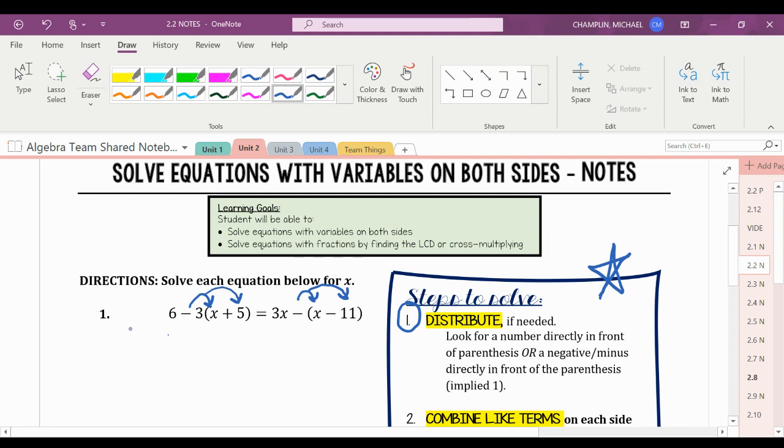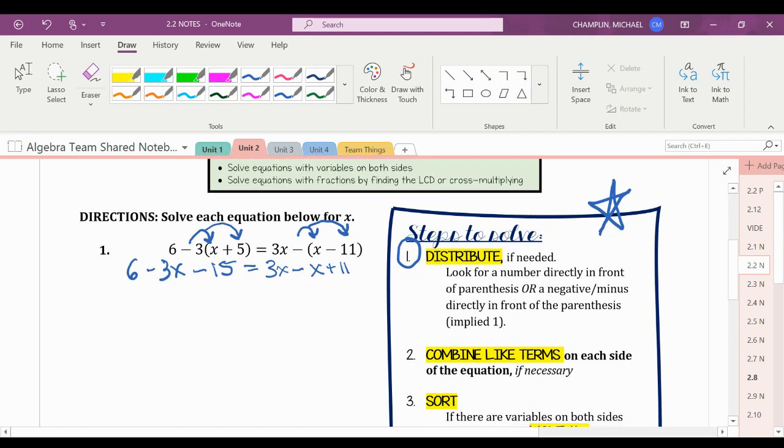So that being said, I get 6 minus 3x plus, nope, tricked ya. It's not a plus, right? It's going to be minus 15 because a negative times a positive. Then we get on the right side 3x minus x plus 11. Now that looks pretty good.